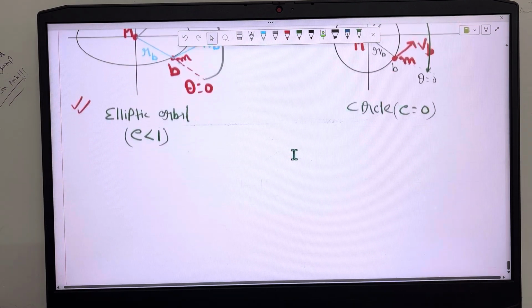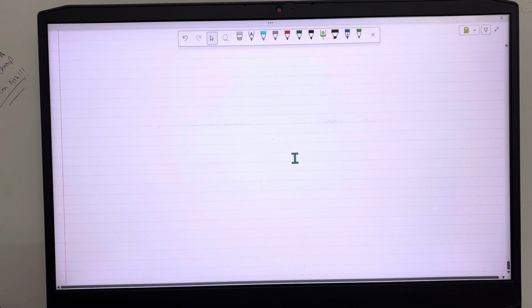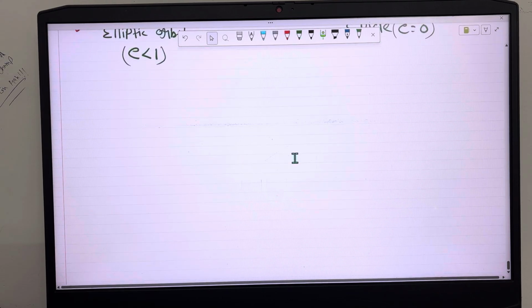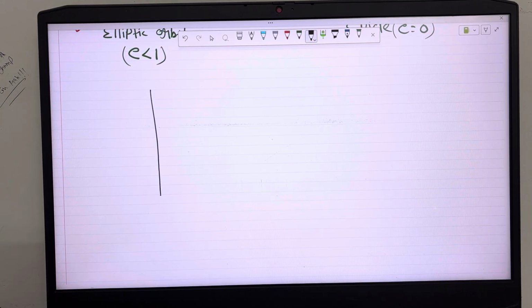Fine. Now draw parabolic or hyperbolic. Again we have to make one coordinate axis. This is pretty simple, so don't be confused, it's very straightforward.